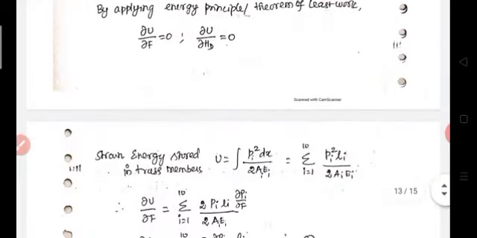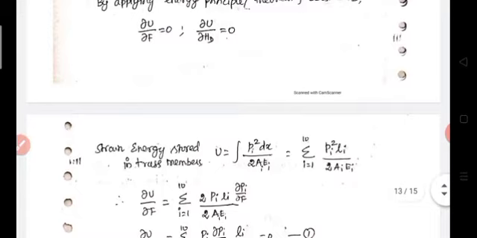Since it is a truss, the members are axially loaded. External forces always act at the nodal joints, so the system is subjected to only axial forces.